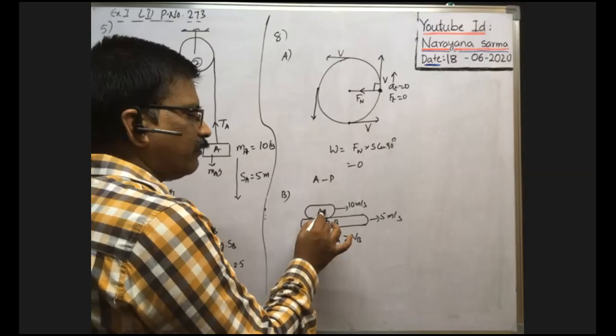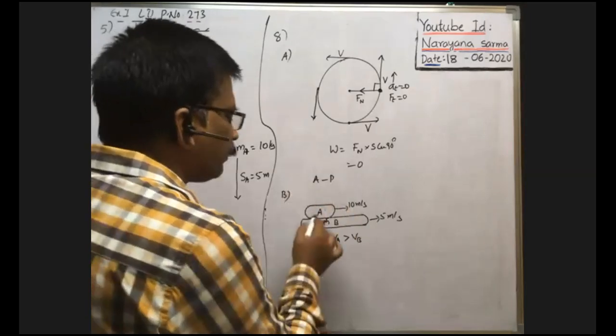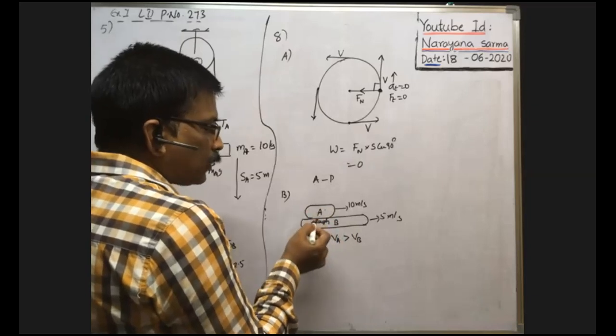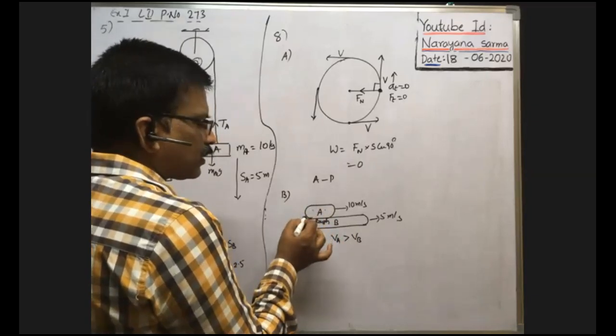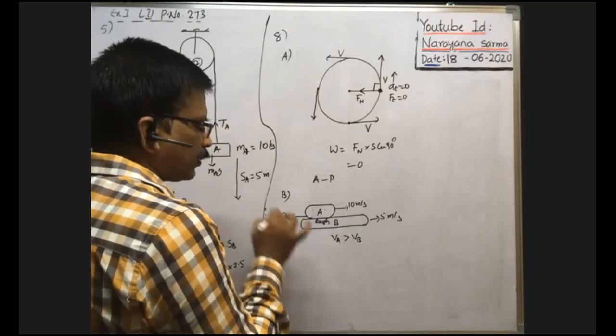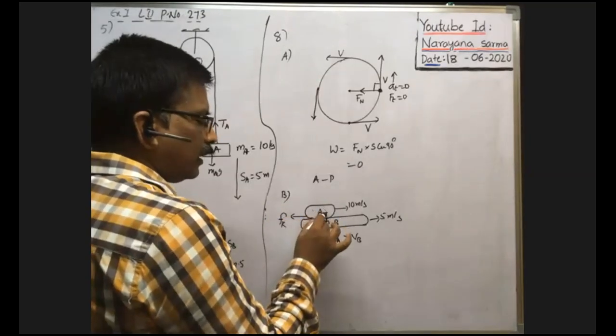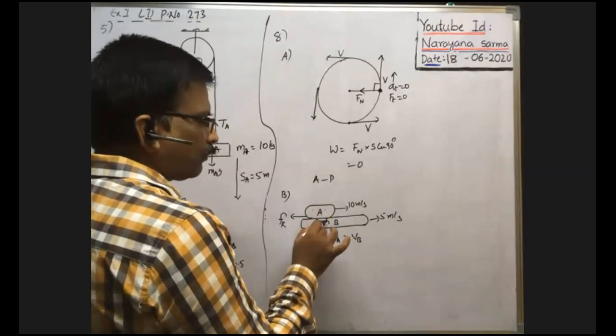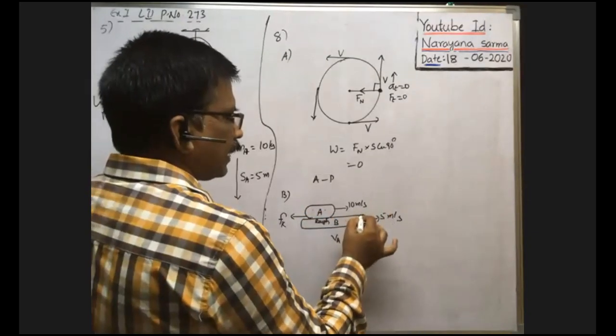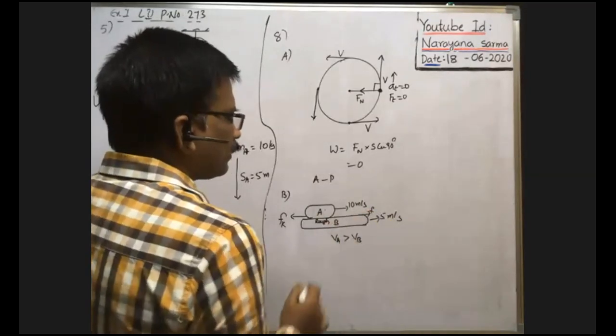Whenever block A moves over block B, opposite to the motion of block A, kinetic friction acts on it in this direction. But in between the two blocks, because of friction, the upper block pushes the lower block in this direction. That's why friction on the lower block is in this direction.